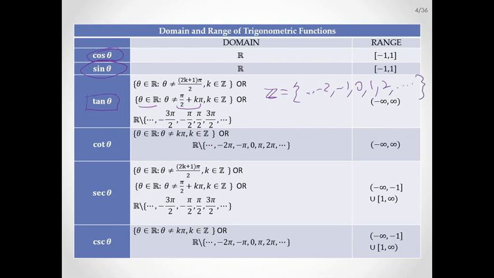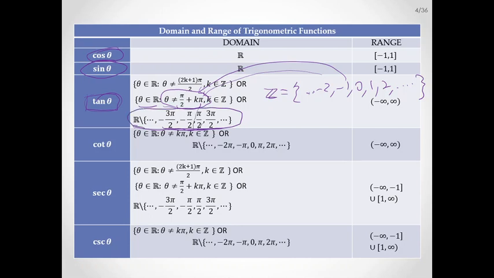When you put values for k here, there's a big list of numbers, and we are taking them out. These are the numbers we got, and then we remove them from R. So the domain of tangent theta is this.